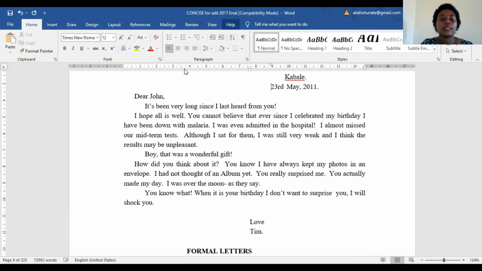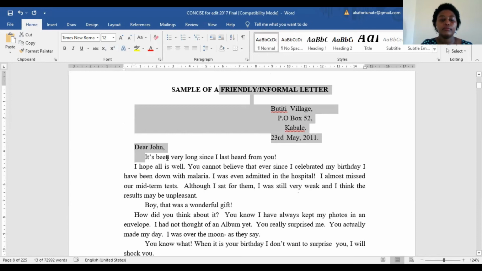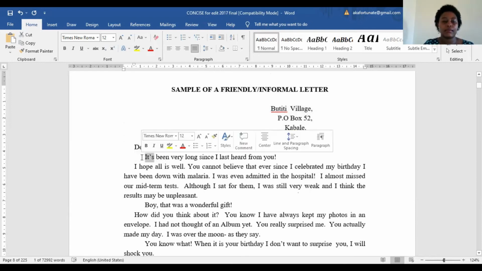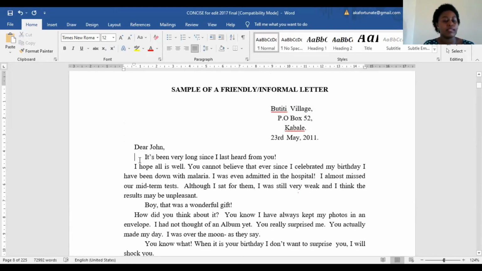But when you look at this first sentence here, you realize we are using it's. It's been very long since I last heard from you. In other words, it has been very long since I last heard from you. But this is a friendly letter, so you can use that contraction.